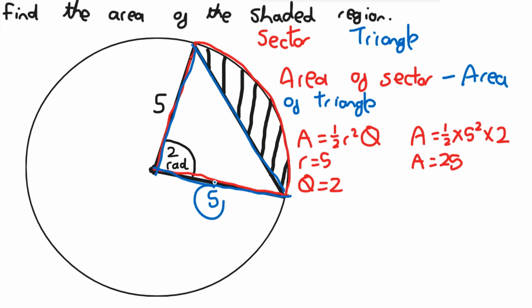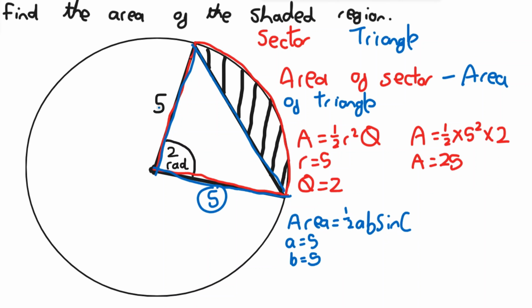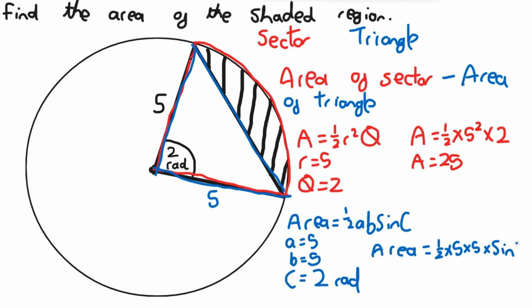When we have two sides and the angle in between, we can find the area of the triangle using the formula half AB sin C, where A is 5, B is 5, these two sides here, and C is equal to 2 radians. So the area is equal to half times 5 times 5 times sin 2.